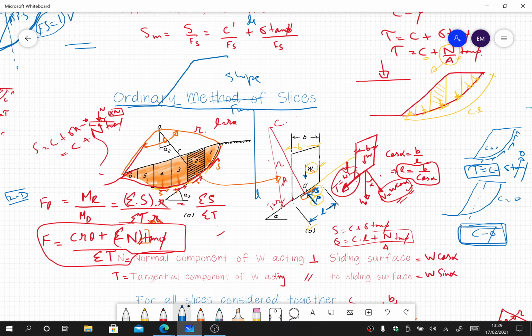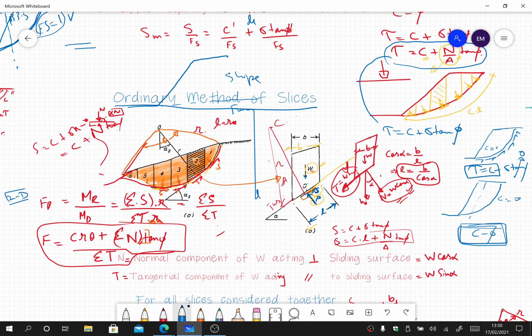But in a C-phi soil, the soil's shear strength will depend on C plus sigma tan phi. If talking in terms of forces, it can be written as in this equation.